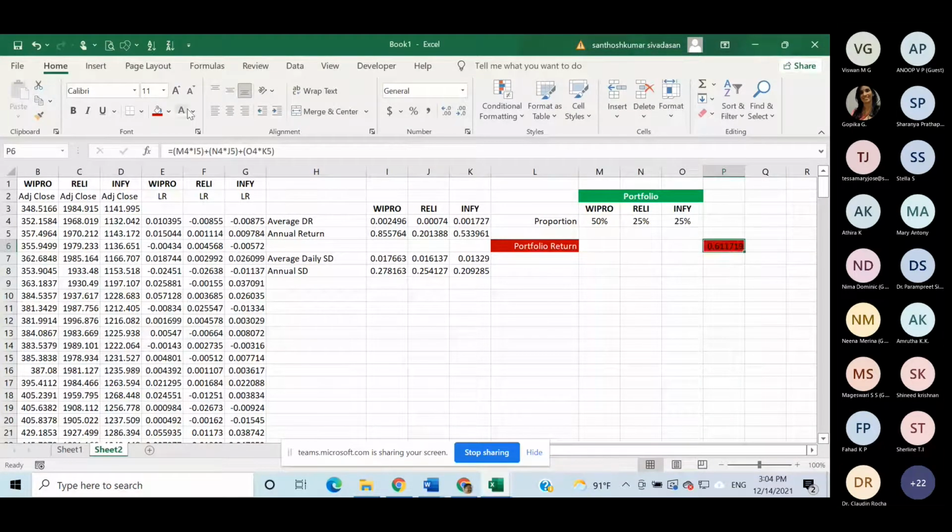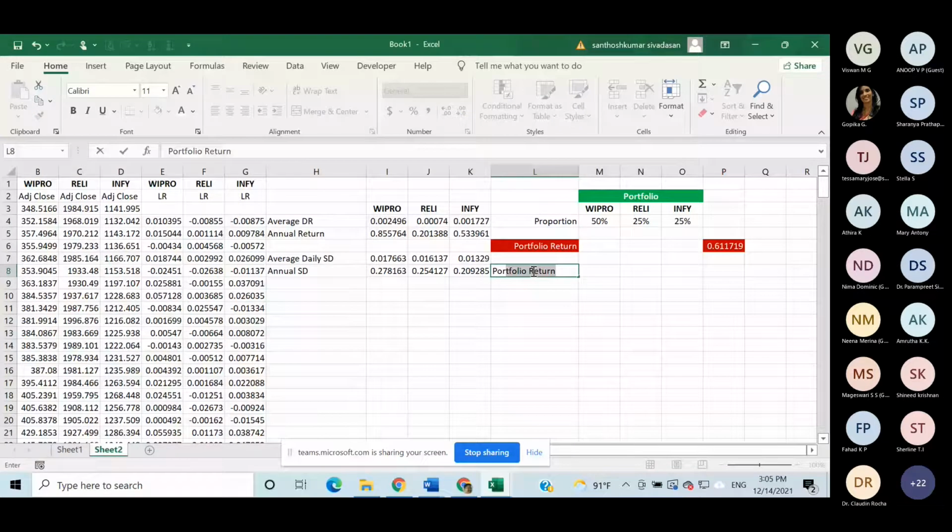It is portfolio return. Now we have to think about the portfolio risk. Portfolio risk computation, we cannot do like this. You cannot take the weighted average of the annual standard deviation as the portfolio risk.